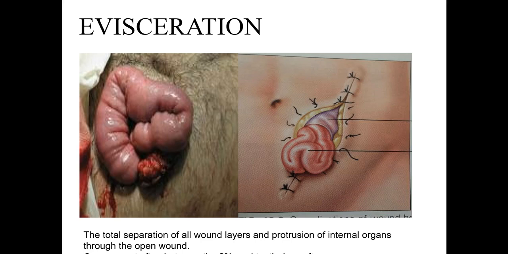Okay, and a dehiscence or an evisceration can occur from coughing. We talked about coughing, we talked about splinting, vomiting, straining. Okay, so these can occur, and when they occur, especially evisceration, you need to call the surgeon. Let them know, hey, this is what's going on with the patient. All righty.